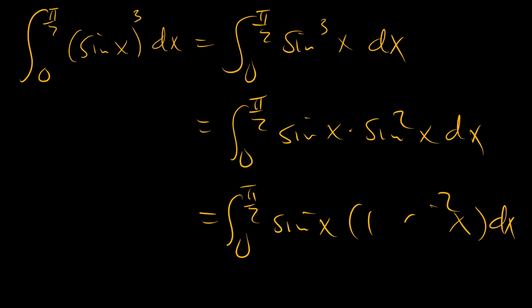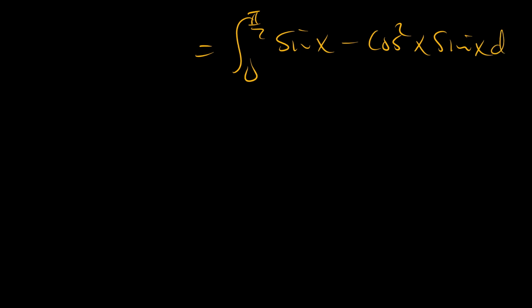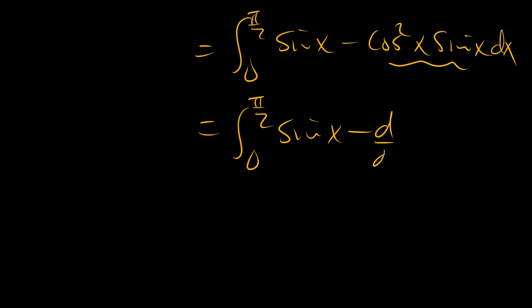So the problem now becomes the integral from 0 to pi over 2 of sine x minus cosine squared x sine x. As we can see here, sine x is easy to integrate, but this expression is the same as the derivative of negative one third cosine cube x.